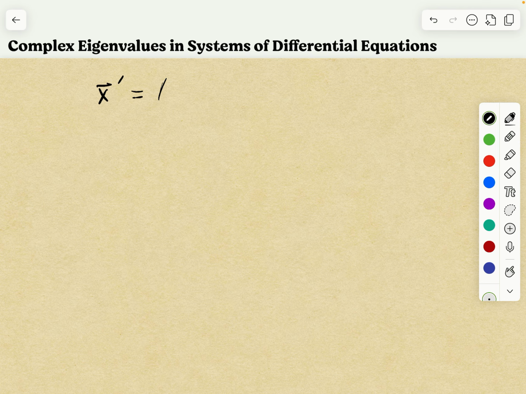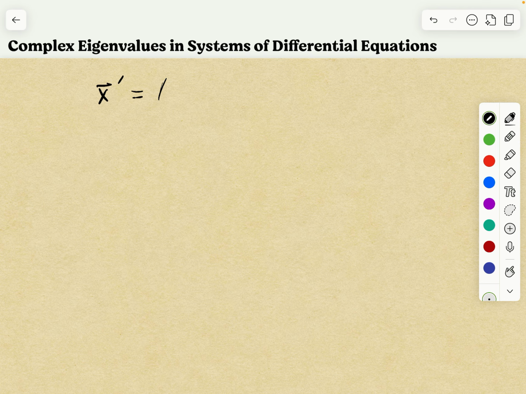Okay, that's a fact about polynomials with real coefficients. If A is a matrix with real entries, its characteristic polynomial has real coefficients. So by a general fact about polynomials, if a complex number is a root, then the complex conjugate is also a root.